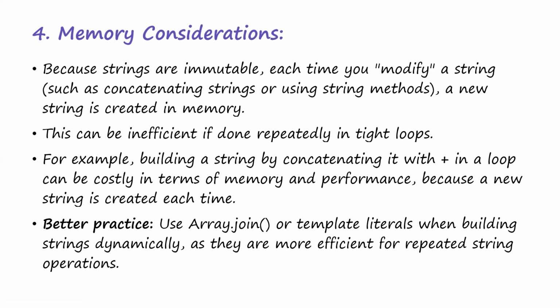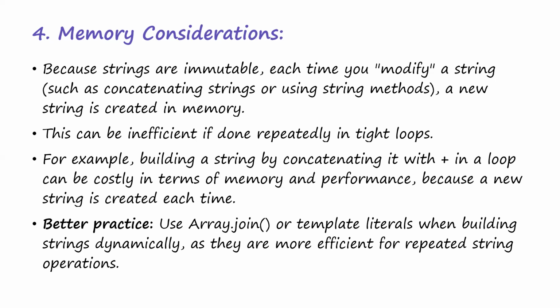Whenever you're building a large number of strings dynamically, use the array.join method, although we haven't talked about arrays, all right, but use the array.join method or use template literals when building strings dynamically, as they are more efficient for repeated string operations.